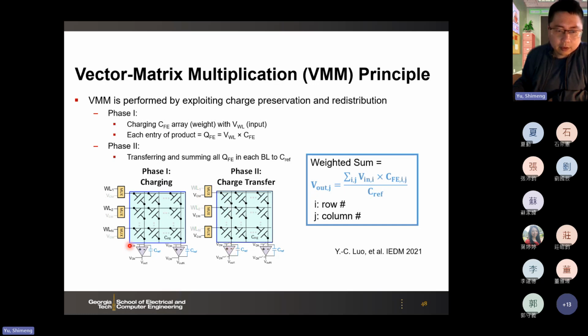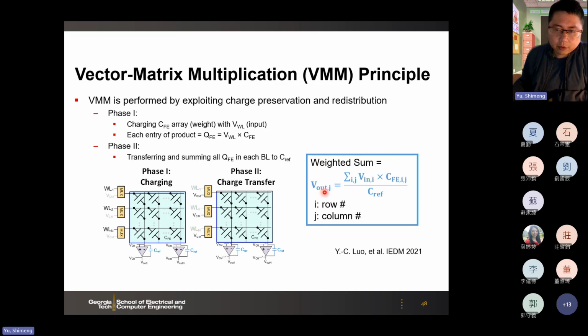And then at the end of the column, we have an op amp. And then you are going to force the charges on the capacitor to be transferred out, through this feedback capacitor, we call it CREF, to the output of the op amp. So if you do the circuit analysis, you will get the output voltage in this equation.